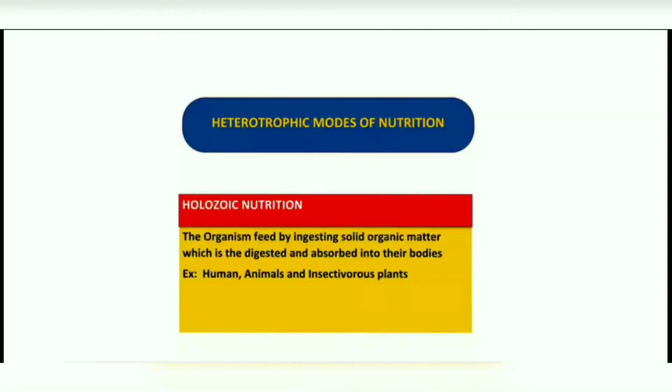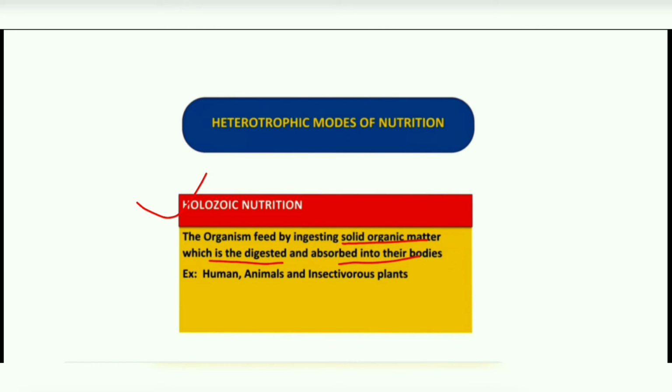Now let's talk about the heterotrophic mode of nutrition. As I said before, there are basically three types: holozoic, parasitic and saprophytic. First is holozoic nutrition. Here, organisms feed by ingesting solid organic matter, which is digested and absorbed into their bodies.